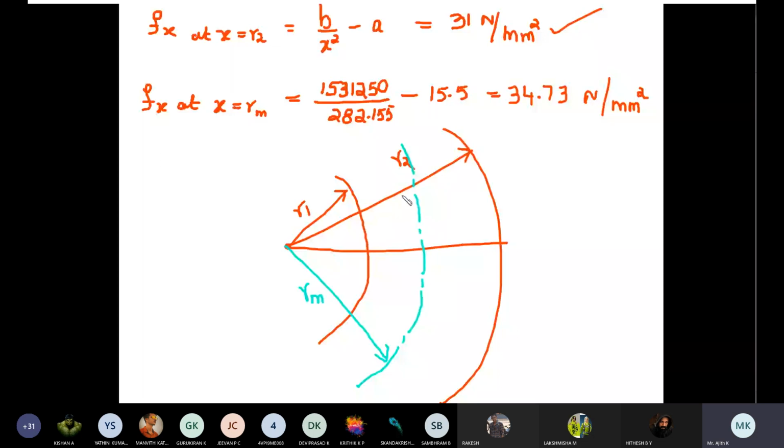So the fx value at the innermost surface is 40, given in the question. Fx value at the outermost surface is 31. Here it is 31.